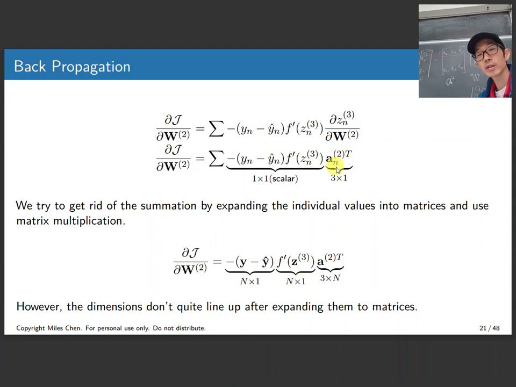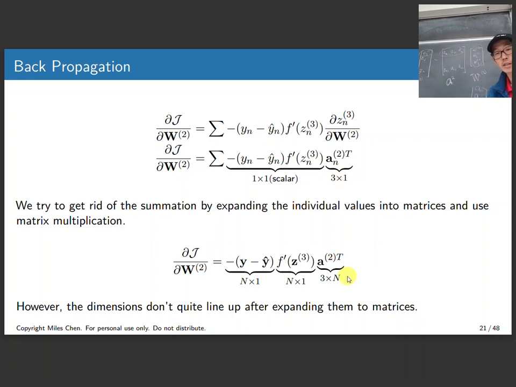And rather than just one row transpose, which is 3 by 1, if I take the entire matrix and transpose it, then I will get 3 by n.